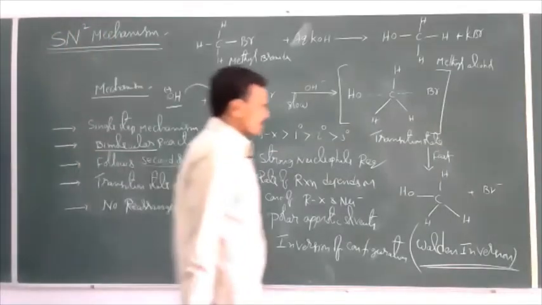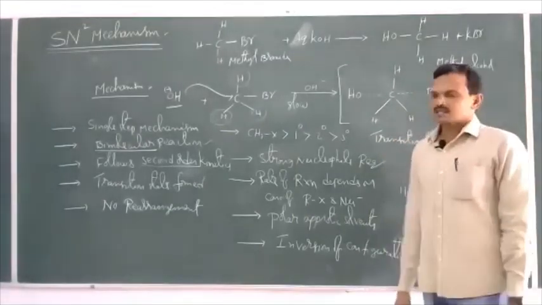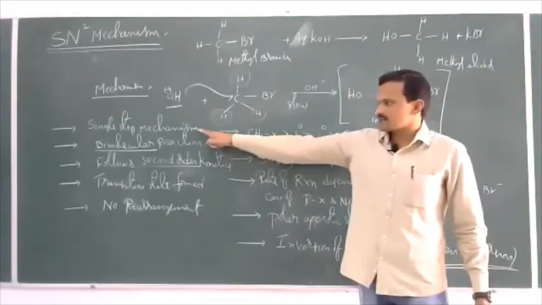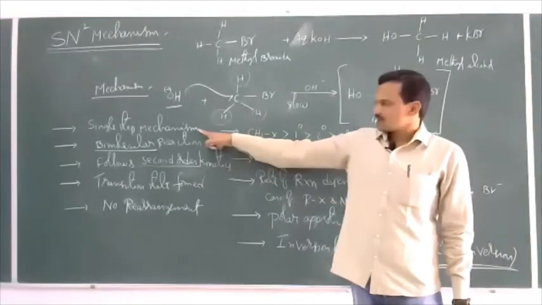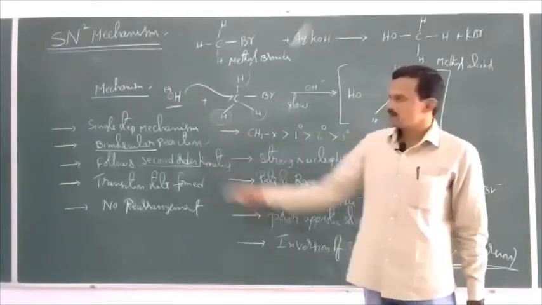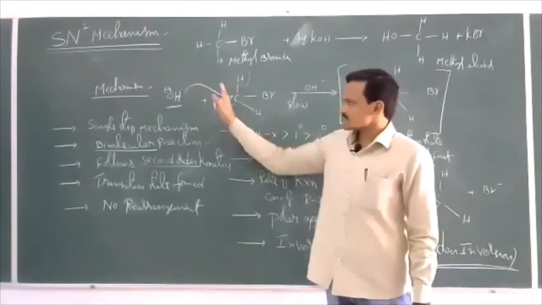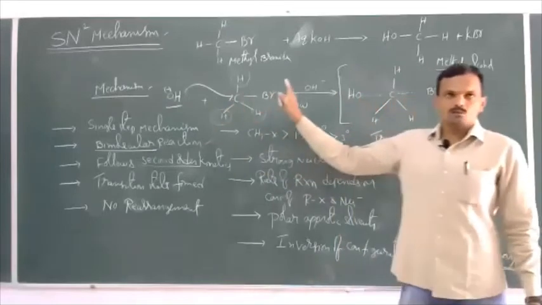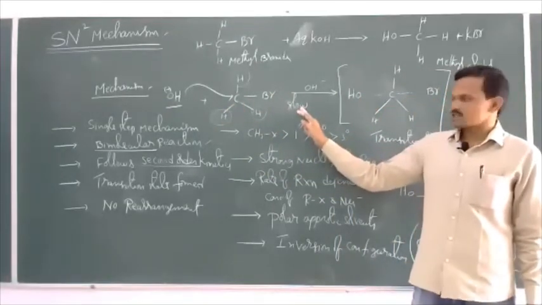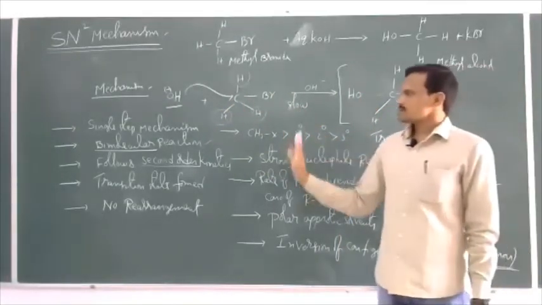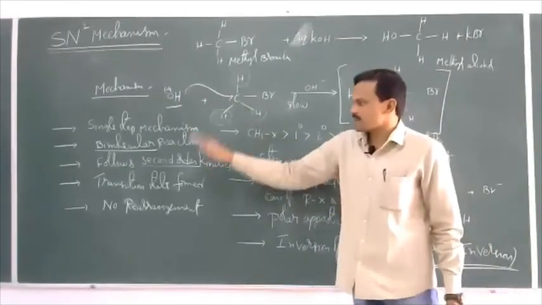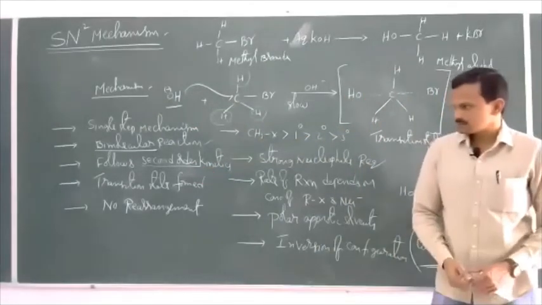See once again. This SN2 reaction takes place in a single step. This is a bimolecular reaction, since OH minus and haloalkane both participate in the rate determining step, that is the slowest step. Since in the slowest step two molecules are participating, it follows second order kinetics.